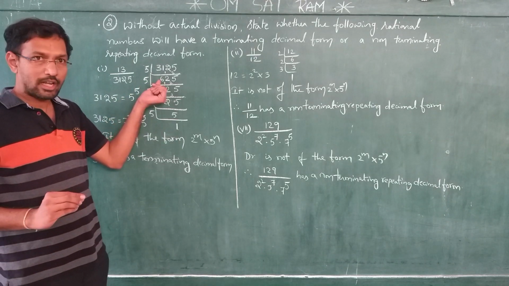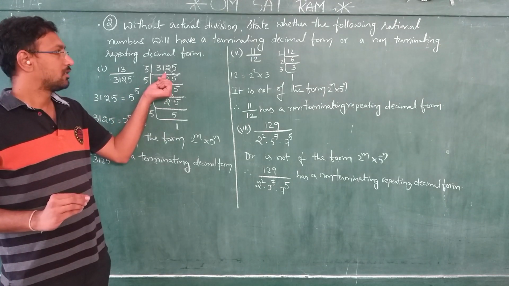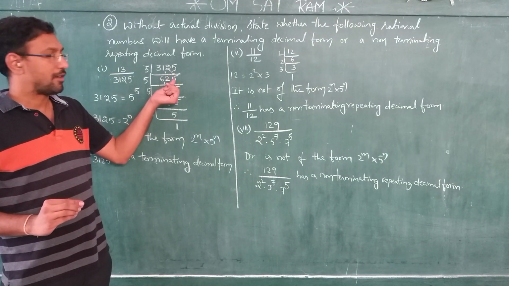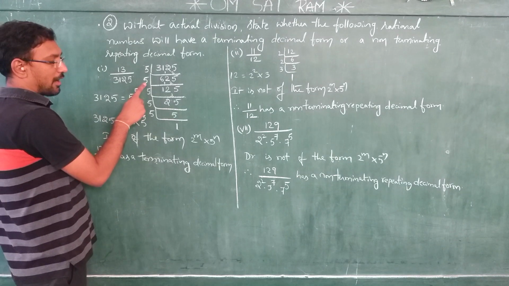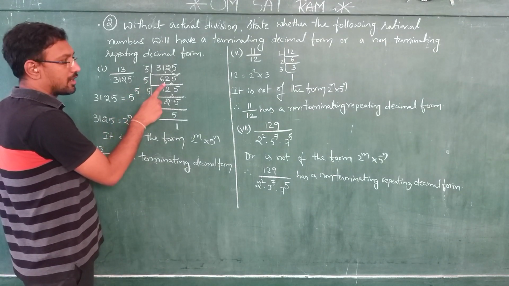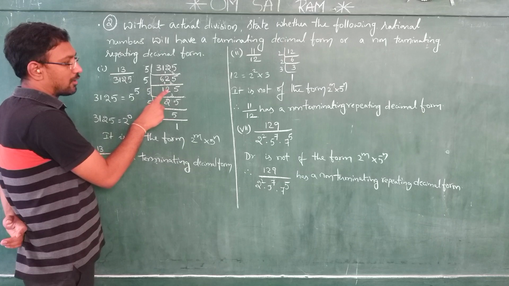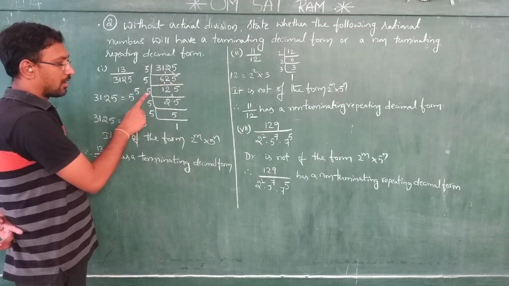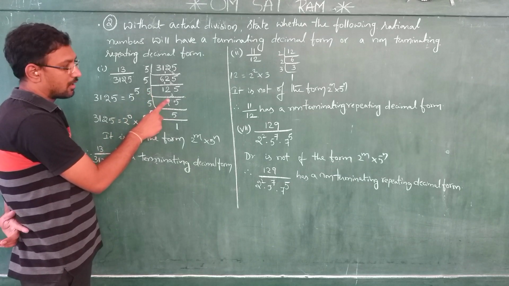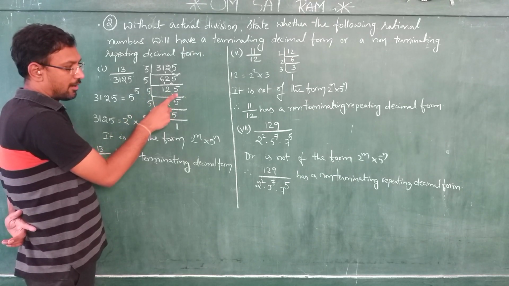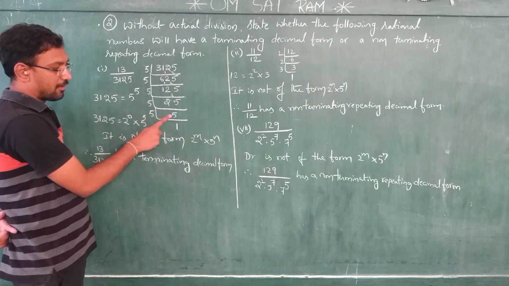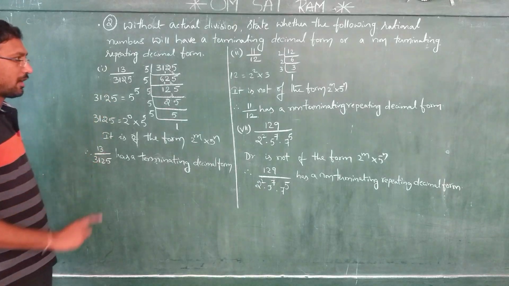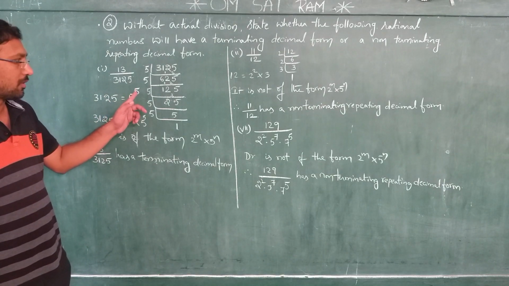5 6s are 30, remainder is 1. 5 2s are 10, remainder is 2. 5 5s are 25. 5 1s are 5. Continuing the division by 5 repeatedly, we finally get 1. So 3125 equals 5 to the power 5.